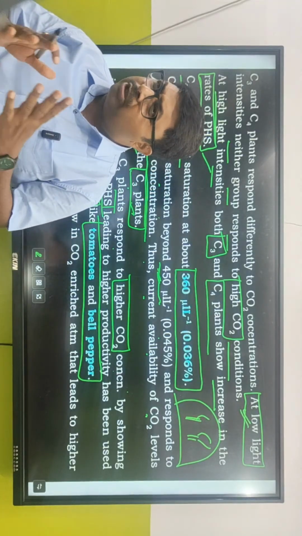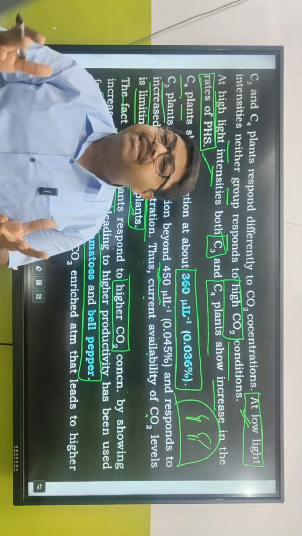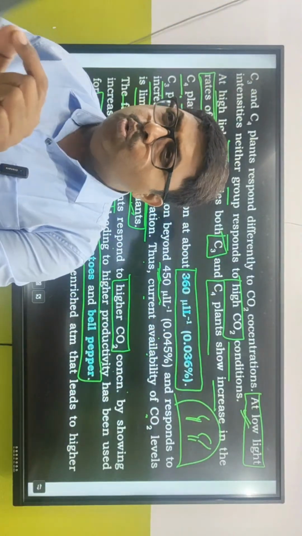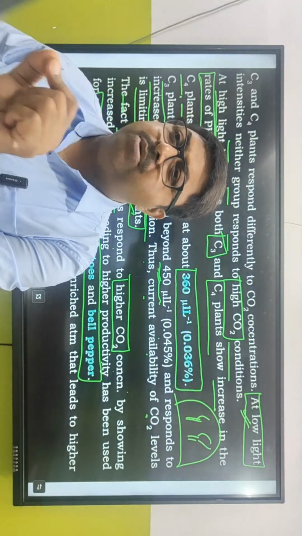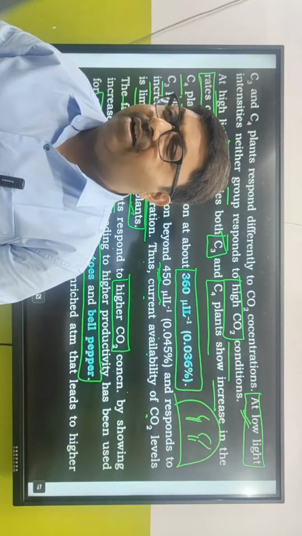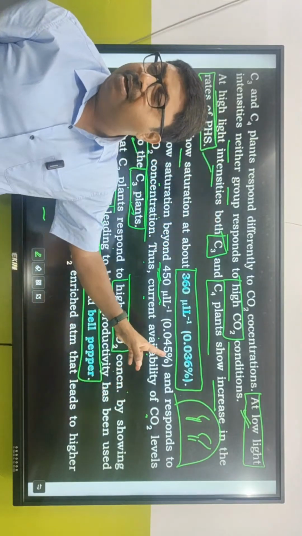So C3 প্ল্যান্টের মধ্যে টমেটো এন্ড বেল পেপার কে গ্রিনহাউস এফেক্টে ওরা yield বেশি দেয়। Why? Because inside that greenhouse effect you can give the amount of carbon dioxide which is required for them to show their best rate of photosynthesis. So ওরা বেশি yield দেবে in that particular greenhouse effect.